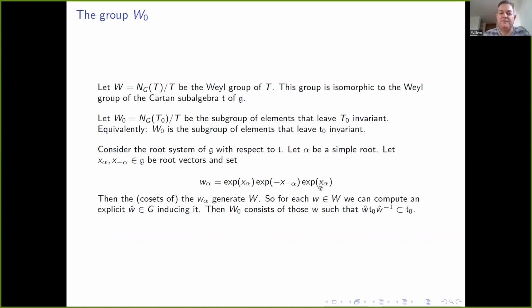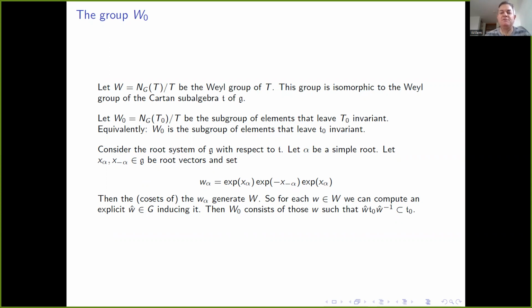And if you take this expression here, then we get something which is called w_alpha. And such a w_alpha induces the reflection corresponding to alpha in the Weyl group. So the cosets of this w_alpha, they generate the Weyl group.